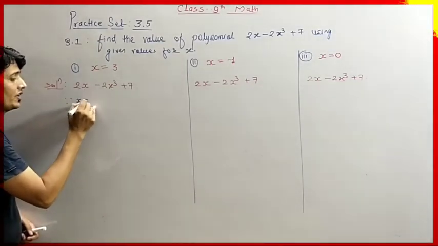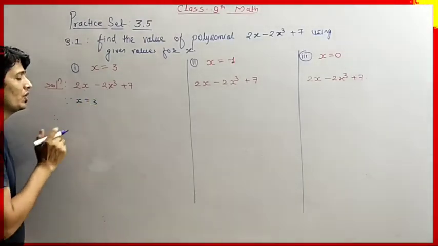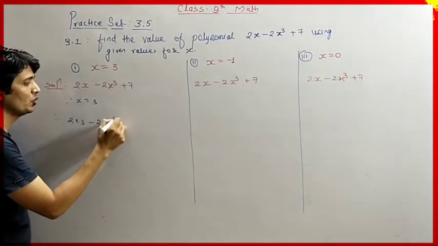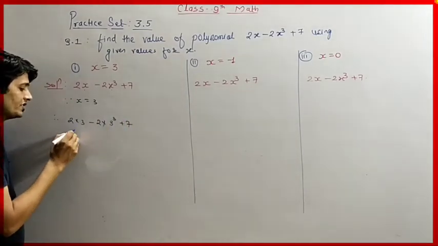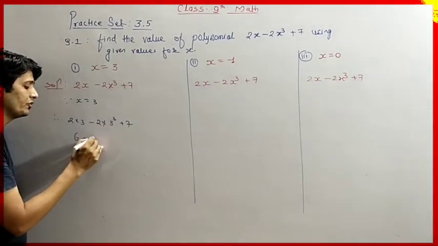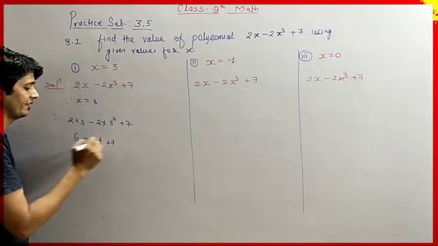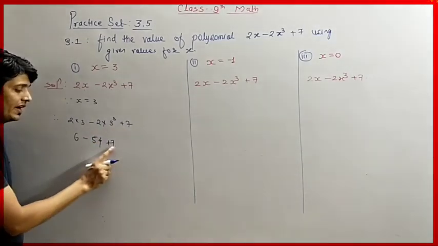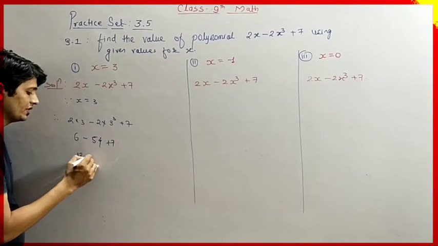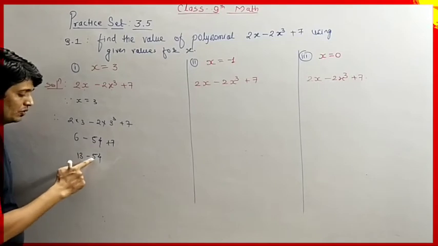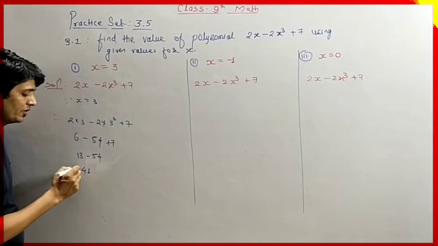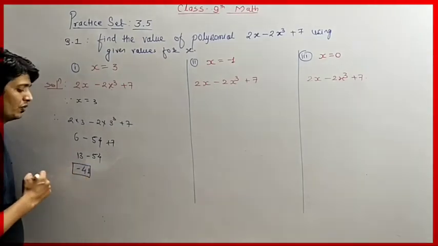So our polynomial becomes 2 into 3 minus 2 into 3 cube plus 7. 2 3s are 6 minus 3 3s are 27, and 27 into 2 is 54, plus 7. 6 and 7 have the same sign, so they add. 6 plus 7 is 13 minus 54. 5 minus 1 is 4 and 4 minus 3 is 1, and the greater number is negative, so the answer will be negative 41.